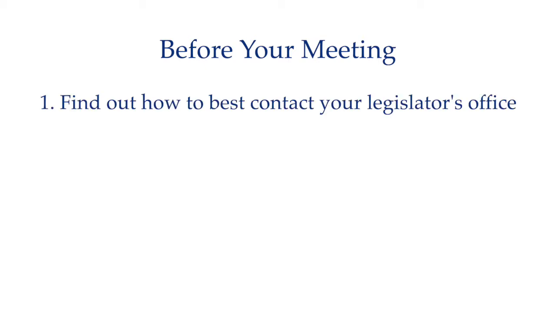Now that you know who your legislators are, you will need to go to their websites and figure out how to best contact them to set up your Zoom meeting. Most of the legislators will have a contact page on their websites that has either a form or an instruction sheet explaining how to contact them to set up some sort of meeting, whether it's a phone meeting or a Zoom meeting or sometimes in person.